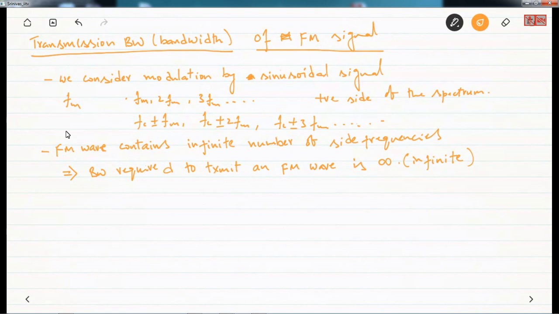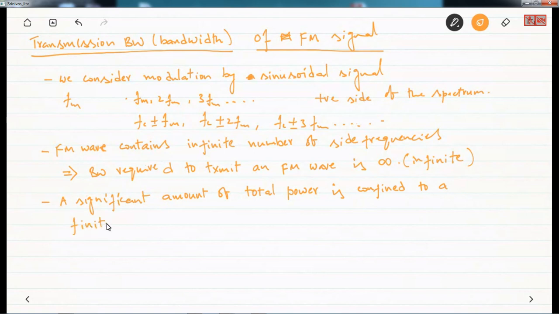So the observation is, a significant amount of total power is confined to a finite bandwidth.